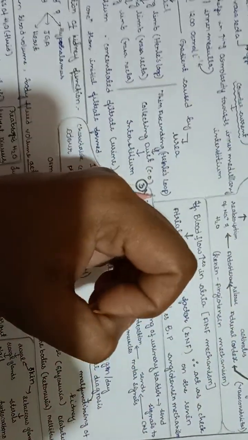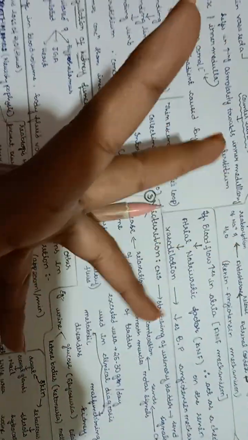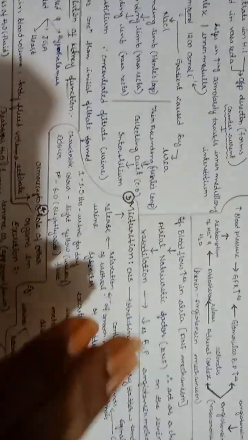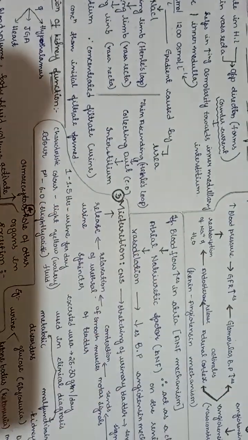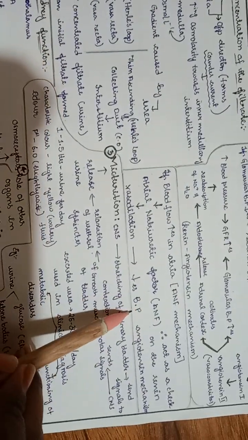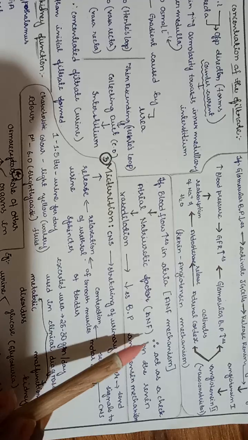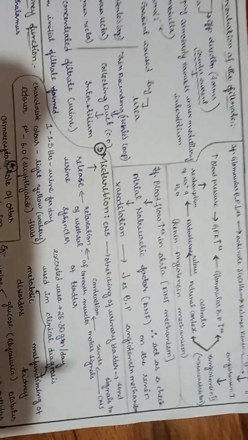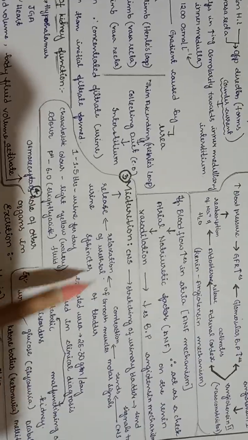It means the veins or capillaries get dilated. Due to that, the pressure decreases and the blood flow decreases, and therefore it acts as a check on the renin angiotensin mechanism.